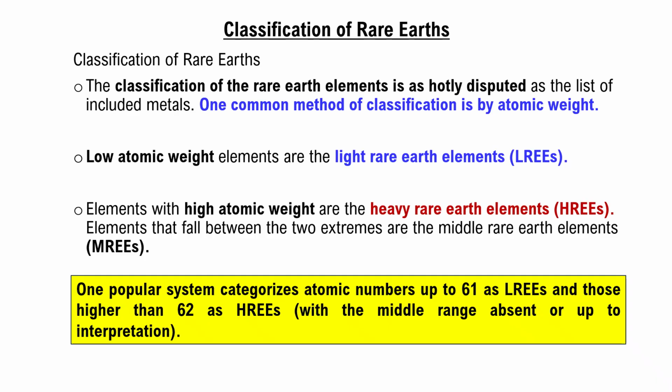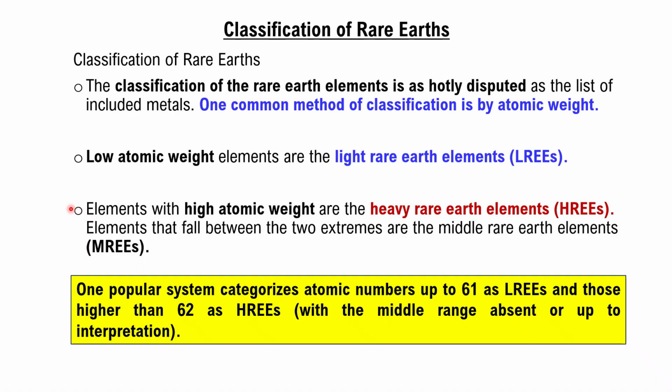Then to the classification of rare earth elements. The classification of rare earth elements is as hotly disputed as the list of included metals. One common method of classification is by atomic weight. Low atomic weight elements are light rare earth elements, that is LREEs, and elements with high atomic weight are the heavy rare earth elements, that is HREEs.